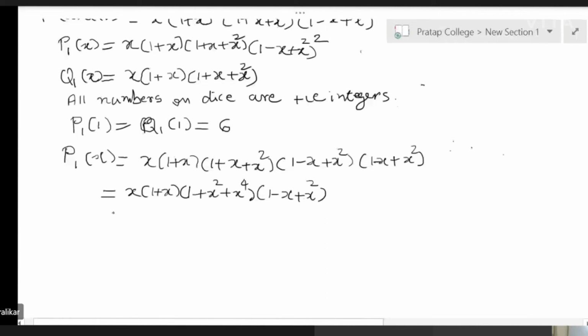I'll join these: 1 plus x into 1 minus x. So this is 1 minus x plus x square plus x minus x square plus x cube, right? This first and the third one, and this I'll keep as it is.